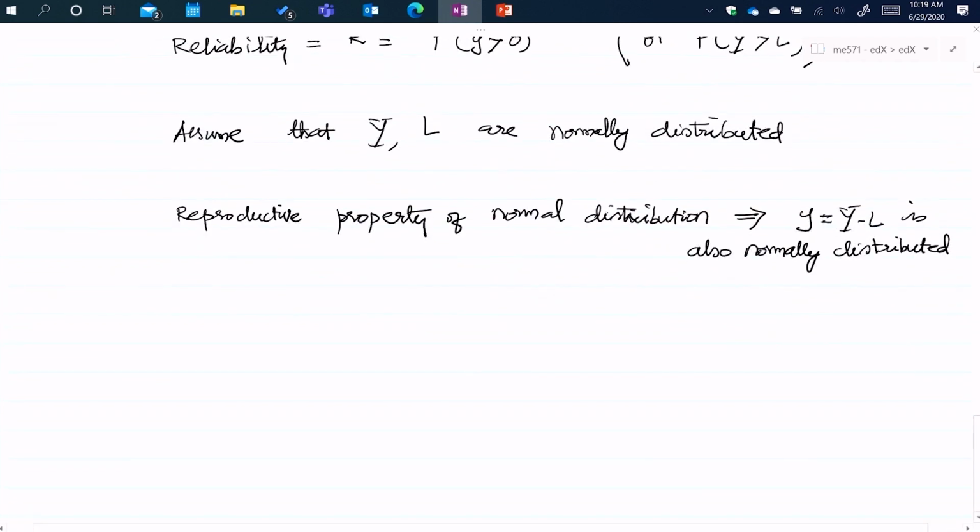So now the standard normal variable of y, we're going to call the standard normal variable z, as we've done in the past. And that is nothing but y minus y bar divided by s sub y, being the standard deviation of y.